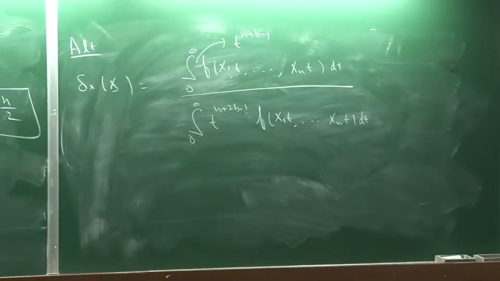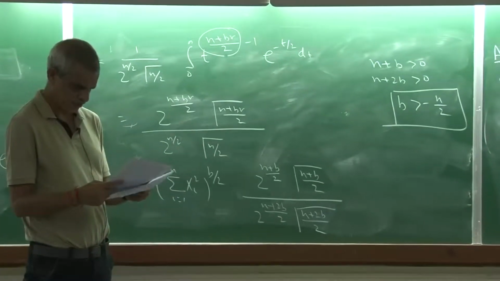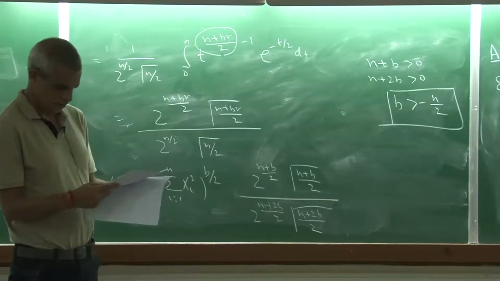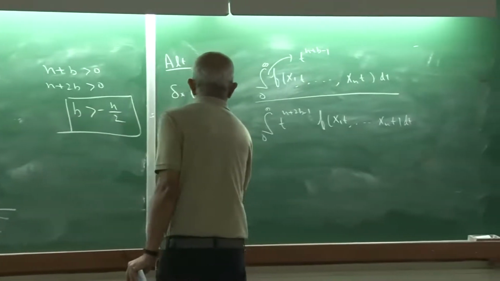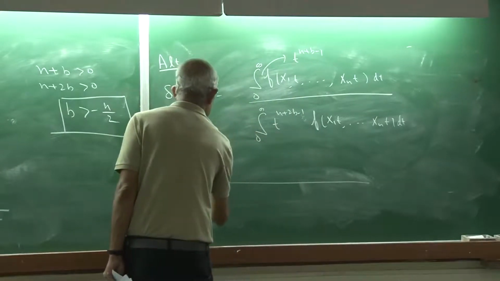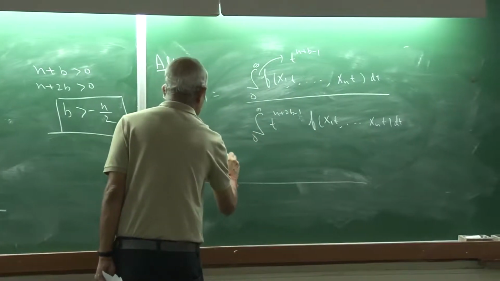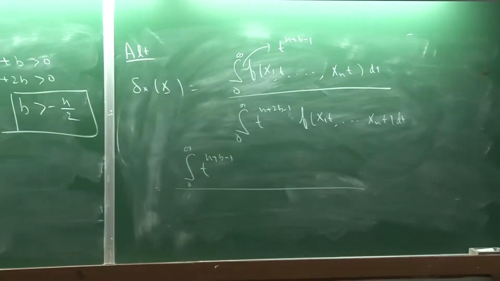Now, if one wishes, one can get the same estimator from here. So let us see what one gets using this. This is the same as integral 0 to infinity of t to the power n plus b minus 1 times the joint density of x1, x2, ..., xn.